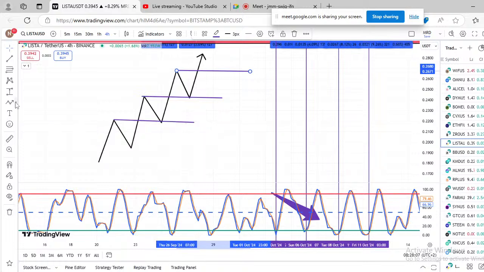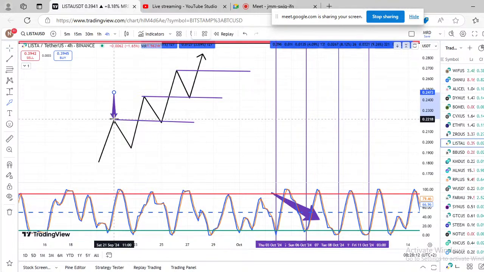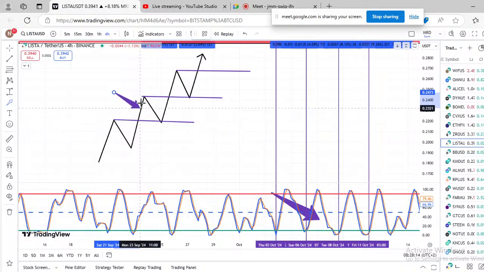From here, it was resistance. But after breaking it to hit this level, by coming back, it was working as support. So the same line can work as resistance, and the same line can work as support.